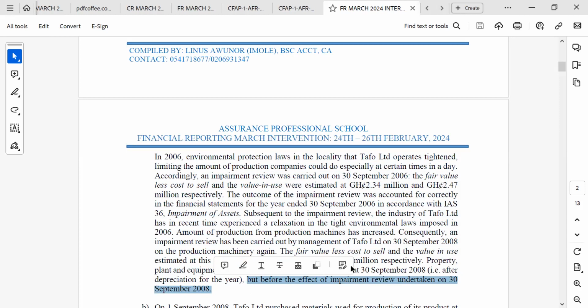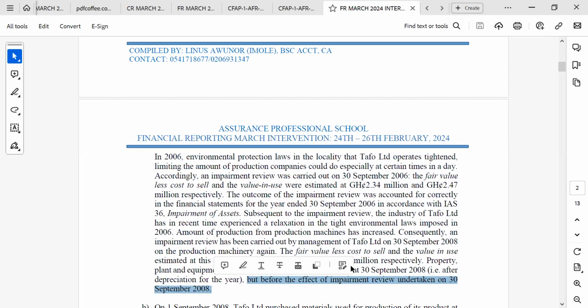What are they saying? They are saying that the company purchased an asset, but the government has passed a legislation, and the legislation is going to reduce the number of units that the asset will be producing. But after some time, that particular legislation is not that effective. So the production of the asset has increased.